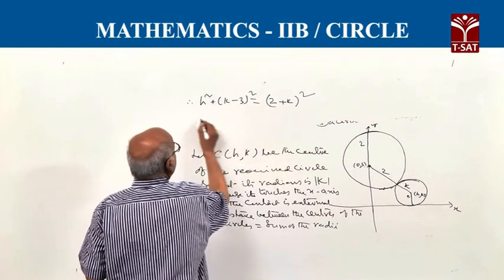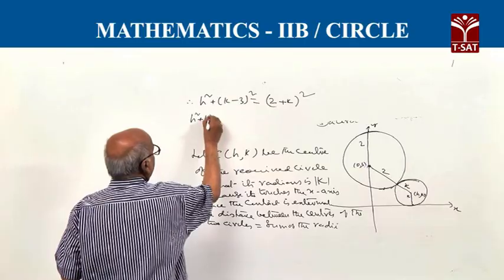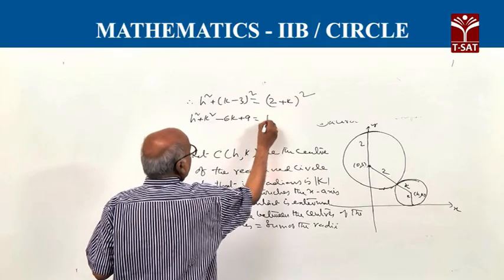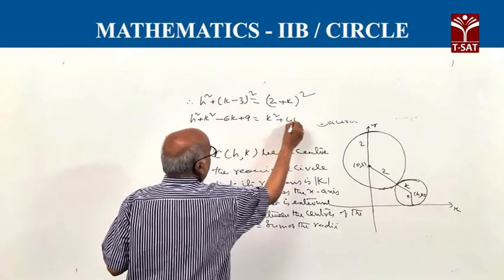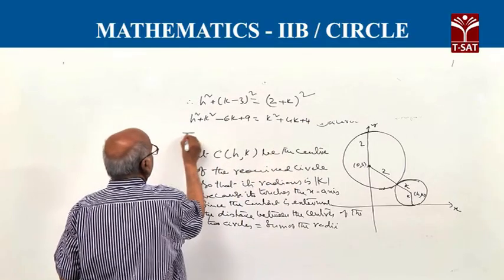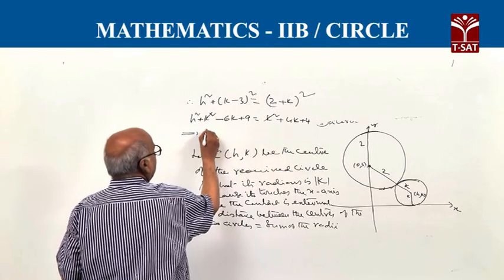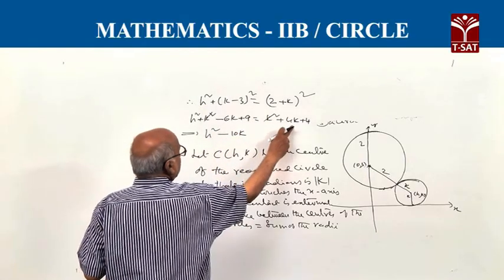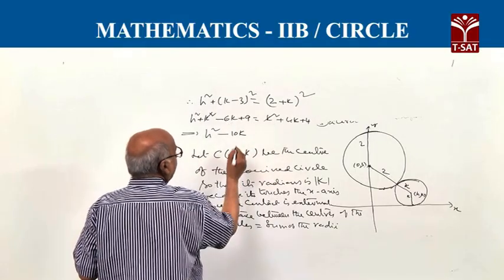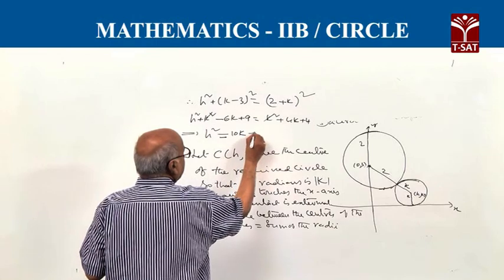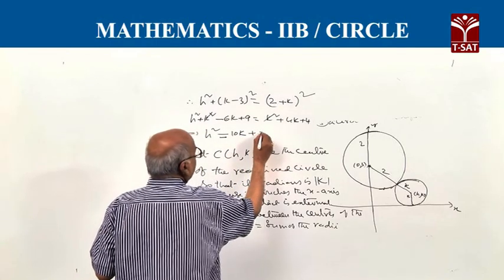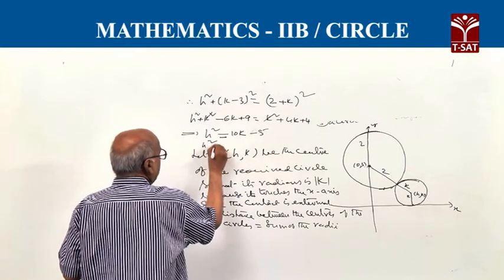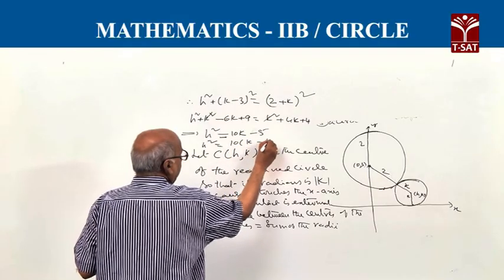That is h square plus k square minus 6k plus 9 is equal to k square plus 4k plus 4. That implies k square will cancel. So, h square minus 10k is equal to minus 5, that is h square is equal to 10 into (k minus half).